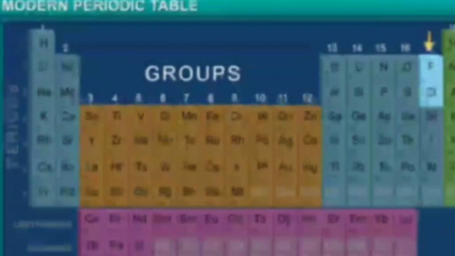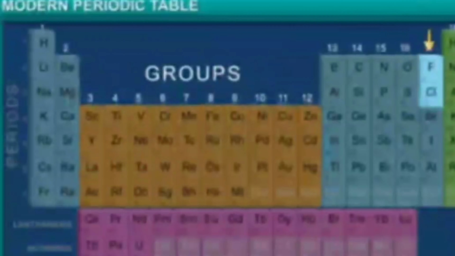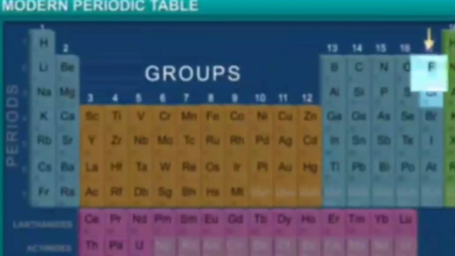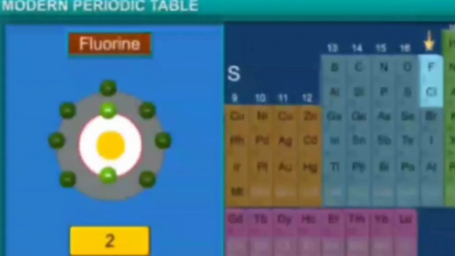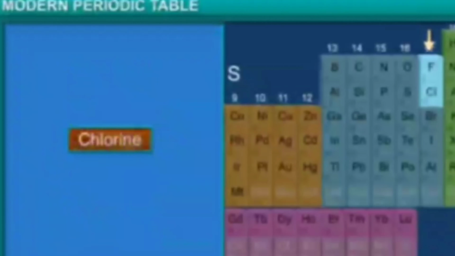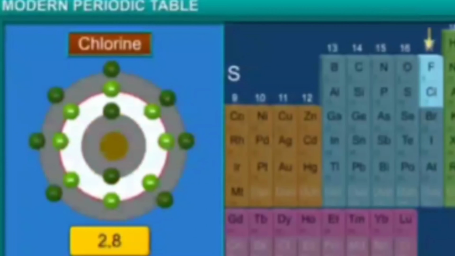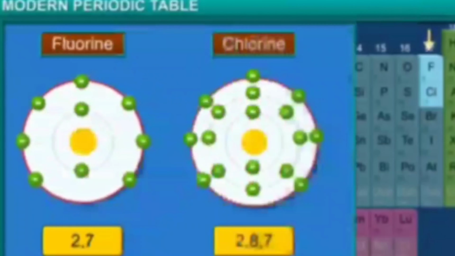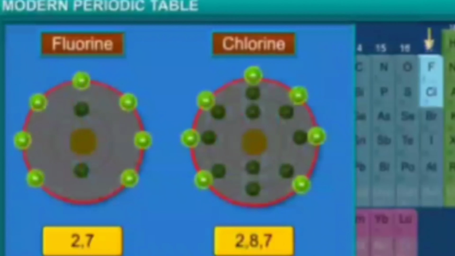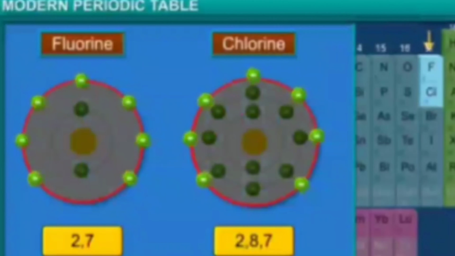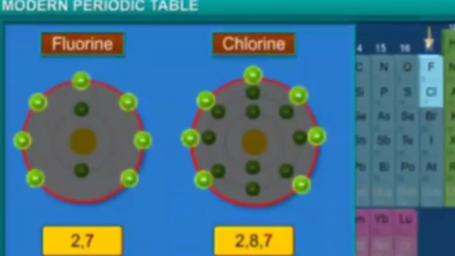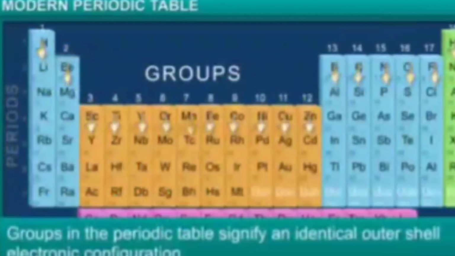Like in the halogen group, that's fluorine, chlorine, bromine, iodine, astatine. Fluorine has electronic configuration 2, 7, chlorine 2, 8, 7. So the outermost shell contains 7 electrons, but the number of shells goes on increasing.